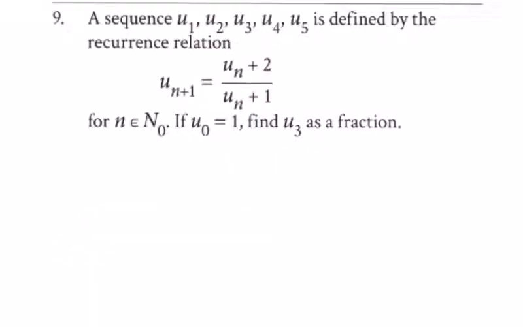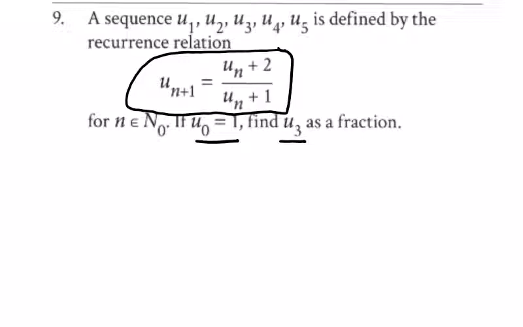Question 9, we have this recurrence relation. un+1 is equal to (un plus 2) over (un plus 1). We're given a value here, u0 is 1, and we're asked to find u3 as a fraction.